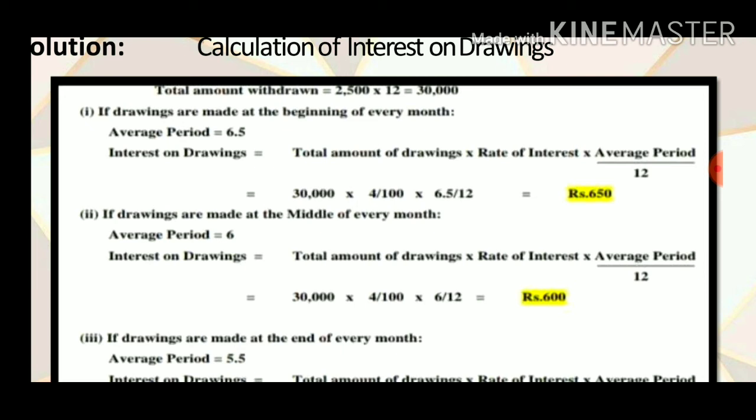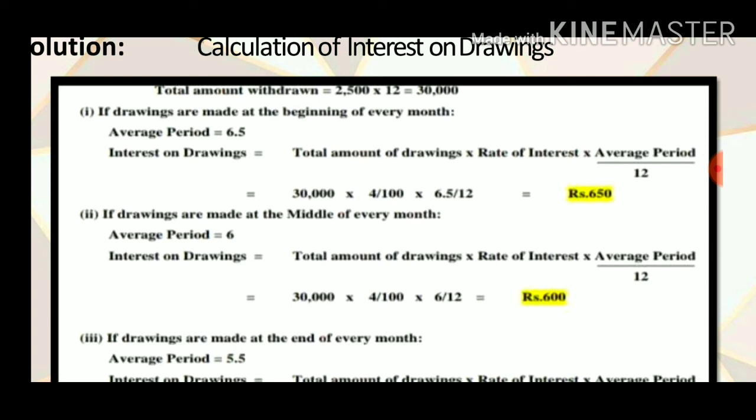Total amount: in these questions, monthly per month is given. Per month means how many months are in a year? 12 months. So per month multiplied by 12. How much has she taken? 2,500 per month. So throughout the year, multiplied by 12: 2,500 multiplied by 12 gives rupees 30,000.